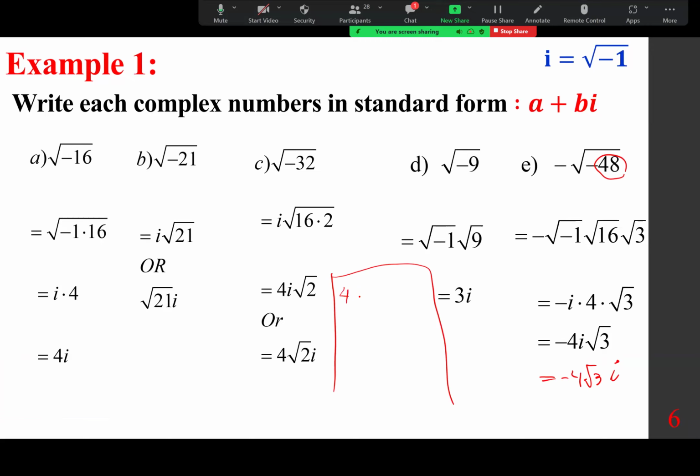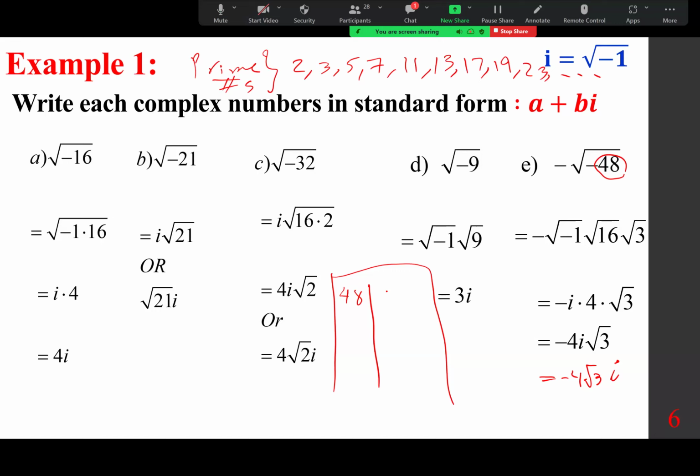So 48, remember the prime numbers: 2, 3, 5, 7, 11, 13, 17, 19, 23, and so on.